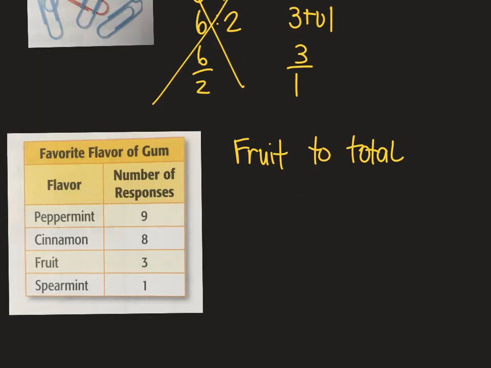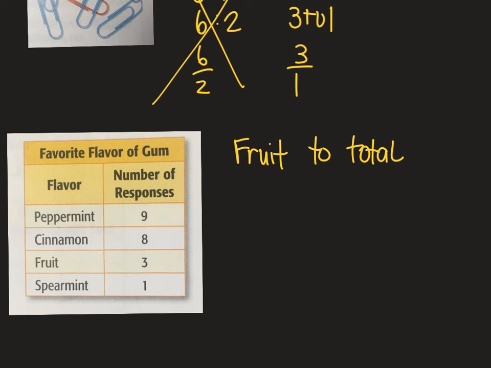All right, let's look at this little cute chart. This chart says favorite flavor of gum. Some people were asked what their favorite flavor is. We have 4 different flavors, and this is how many people said that that was their favorite. The ratio I want to know right now is fruit to total. I want to know the ratio that compares the number of students who chose fruit to the total number of students.